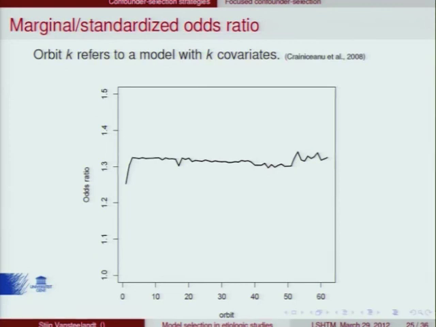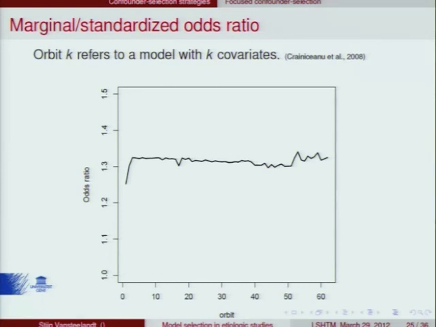This picture is one that we adapted from a Biometrika paper by Caniciano on confounder selection, which I quite like because it basically shows the result. The result was expressed as an odds ratio, so bigger than 1 means that there is a harmful effect. First you can see what happens in a naive analysis, which does not control for covariates. And then as soon as we adjust, you can see that the marginal odds ratio goes up to a little bit over 1.3.